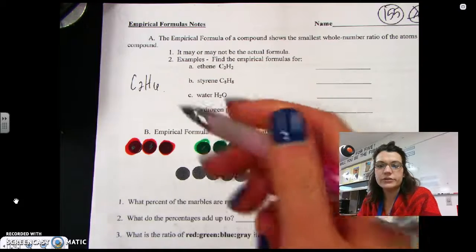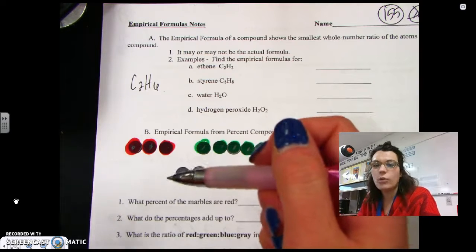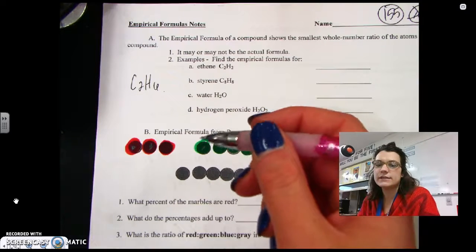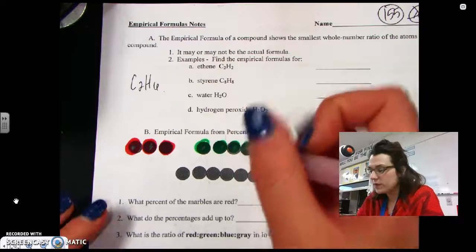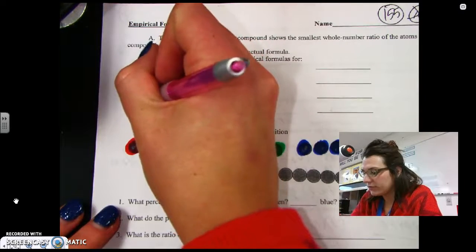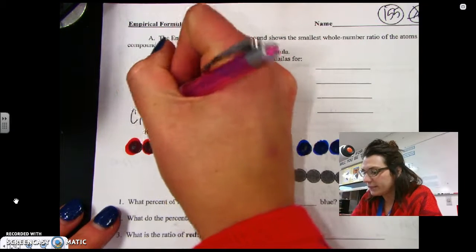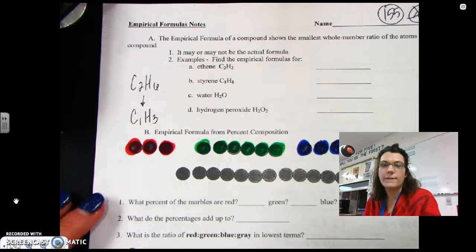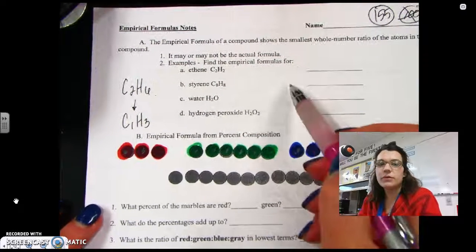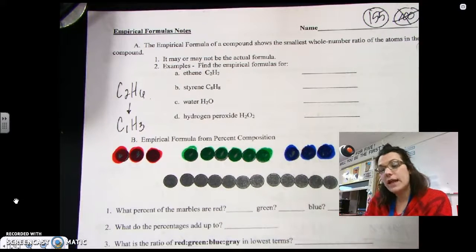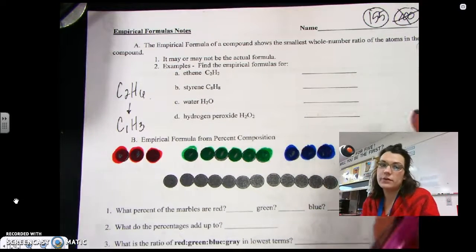I can divide 2 by itself and get 1, and I can divide 6 by 2 and get 3. So the empirical formula for this would be C1H3, okay? So the empirical formula may or may not be the actual formula of the substance, okay?